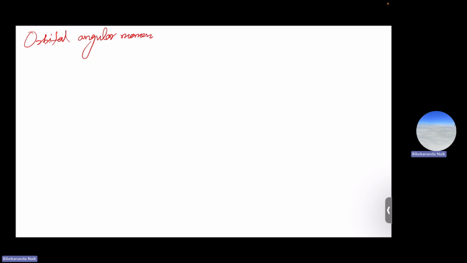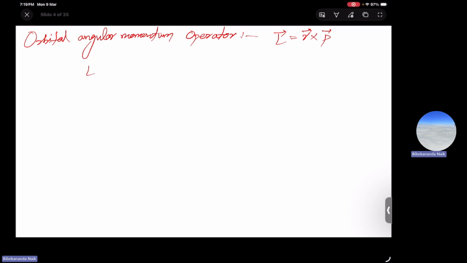So we know the orbital angular momentum L vector can be written as r vector cross p vector. For the p vector, it is represented by minus i h cross del by del x. So with this, if we solve it, we can get Lx, it is minus i h cross.